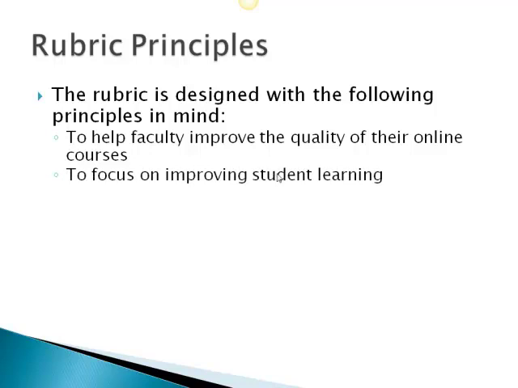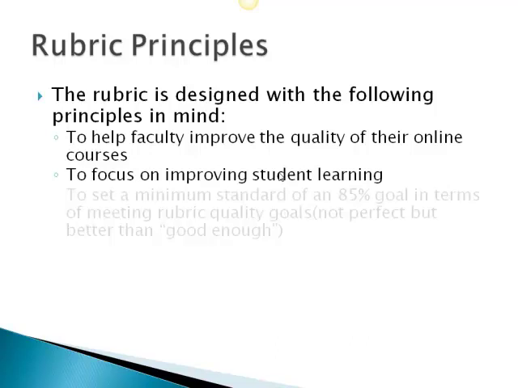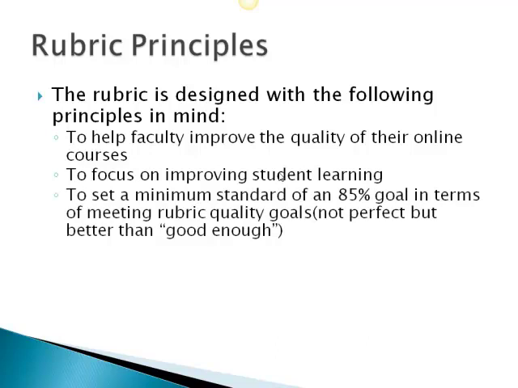So obviously, if your courses are more tightly designed and easy to follow, then the students are going to be more likely to be successful. It set a minimum standard of 85% as a goal in terms of meeting the rubric quality goals. So it doesn't have to be perfect, but certainly better than simply good enough or like a 70%.